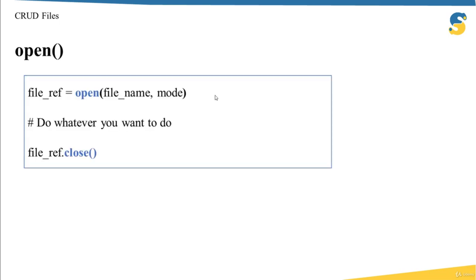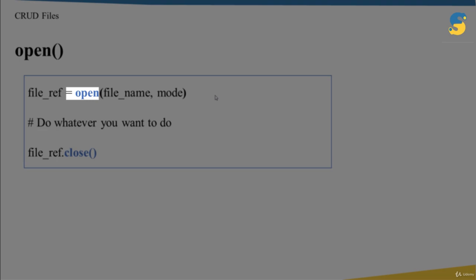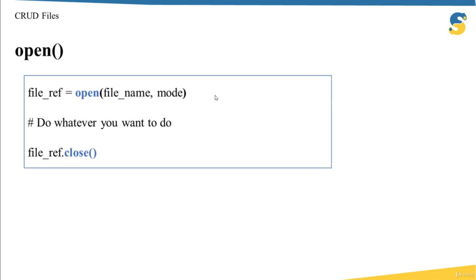Usually, when you want to deal with a file, you will write your code in this way. You will say file reference equals open, file name, and mode. Then, as I mentioned, do whatever you want to do, and then you have to close the file using the close function. Now, to understand what these parameters are, it's very simple.